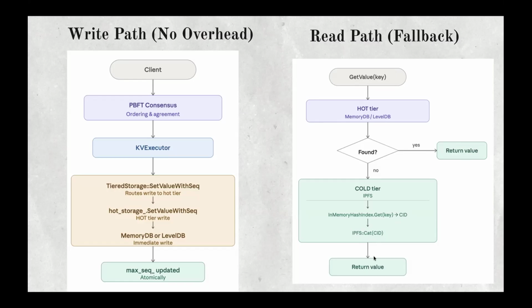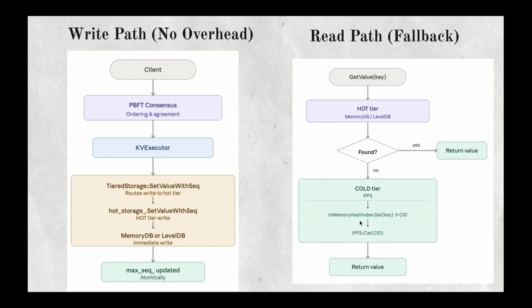So that is pretty straightforward. This is the added logic, which is resolving the CID from the hash index and actually fetching the value from IPFS. This introduces a slight latency overhead, since compared to just reading directly from MemoryDB or LevelDB, this adds some read latency because it is a network call to a sidecar.